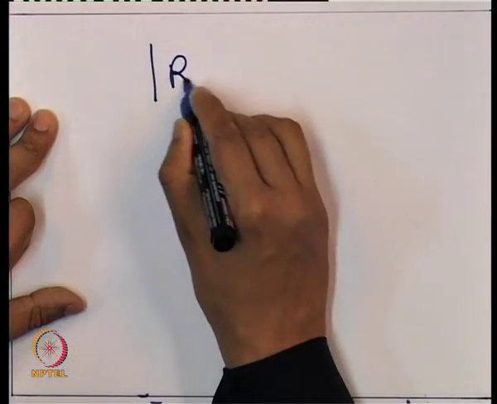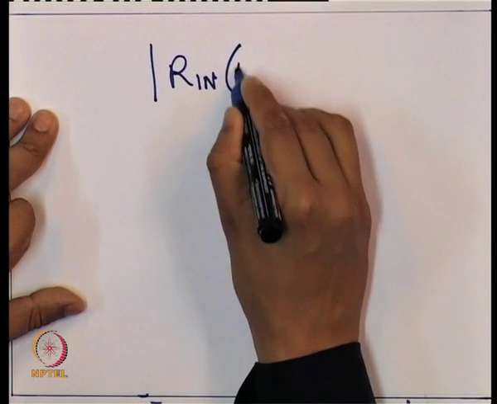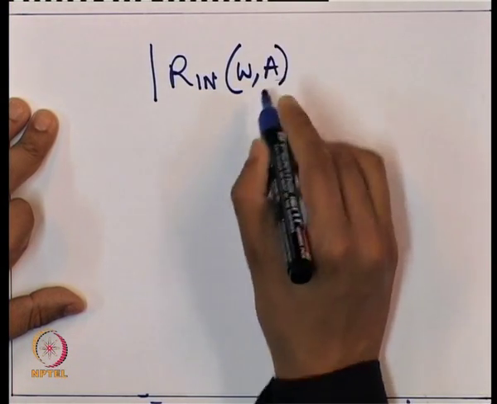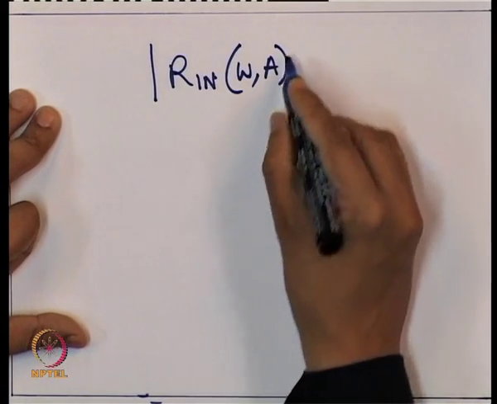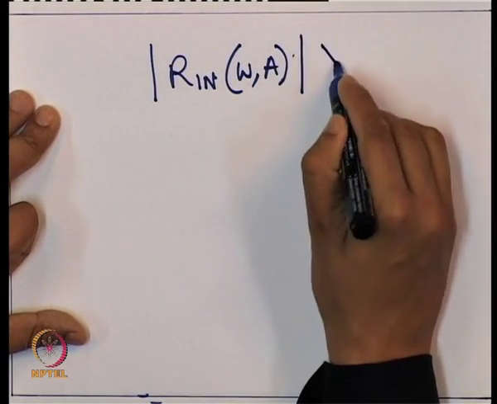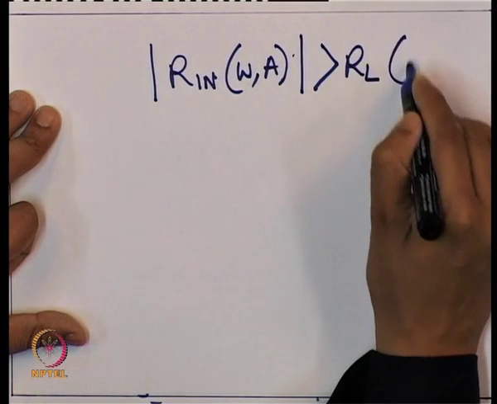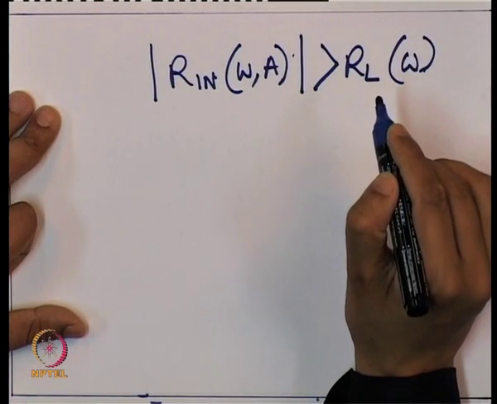For this we go back to the condition for stability that we had studied earlier. That is, at the start of oscillation, our modulus of R in of omega and A, note that here I am not using the terms omega 0 and A0, because this is at the start, not at the steady state, should be greater than RL of omega. Okay.